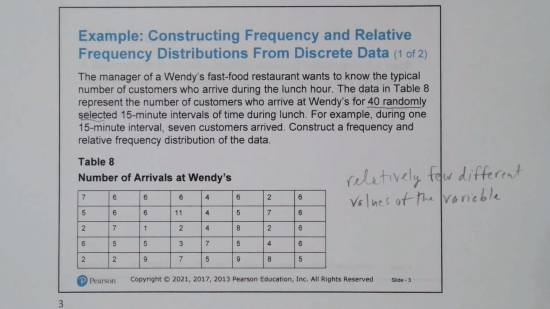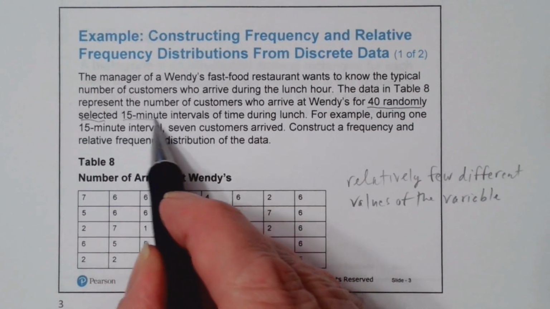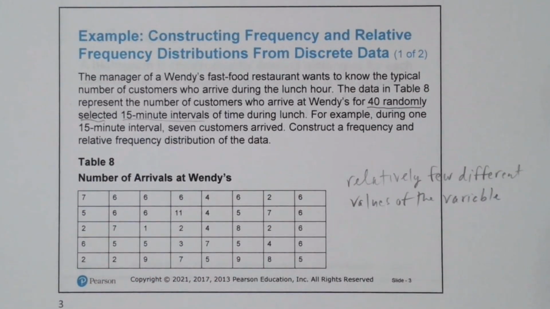So we're going to say that's like 12 o'clock to 1 o'clock throughout the week. And so they're randomly choosing 40 15-minute intervals. For example, during one 15-minute interval, 7 customers arrived. Construct a frequency and relative frequency distribution of the data.